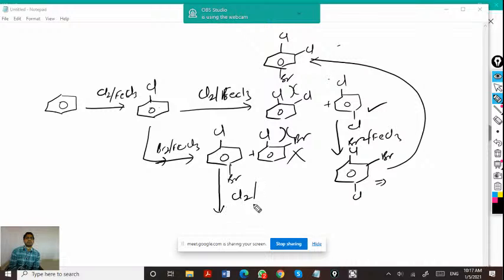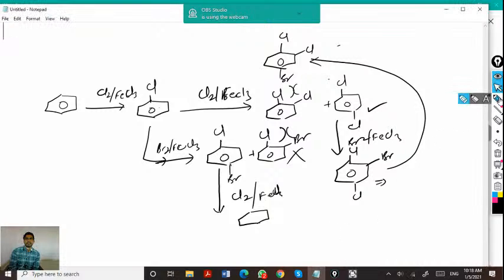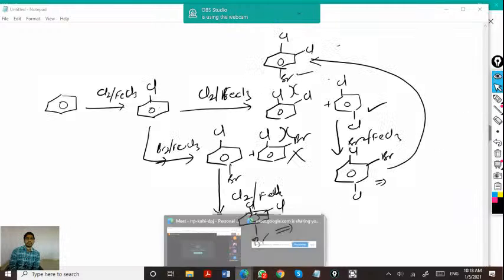Now if I go for chlorination, it's going to give the 1,2-dichloro-4-bromobenzene. So this way you can get your desired product.